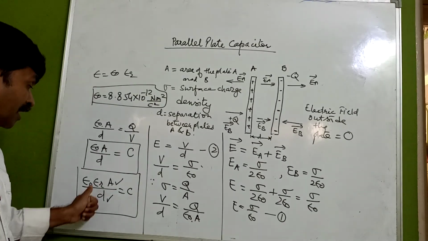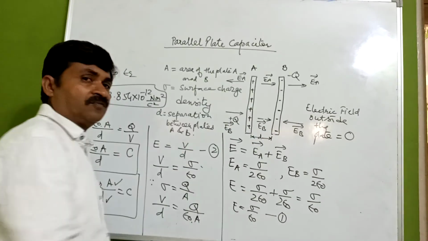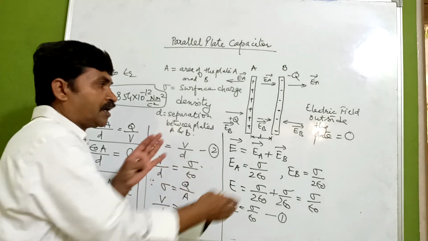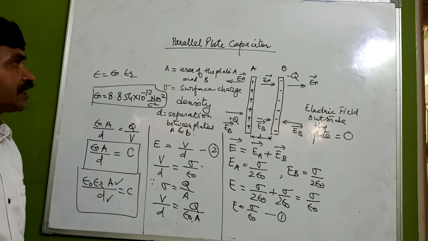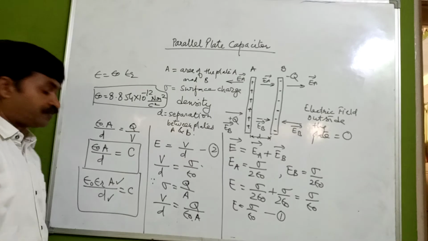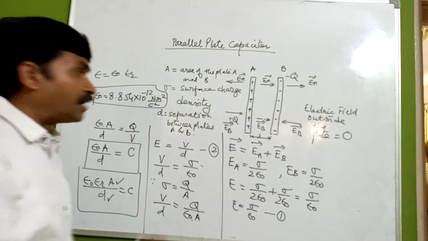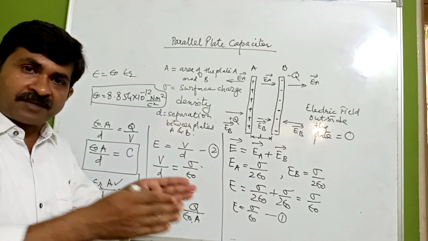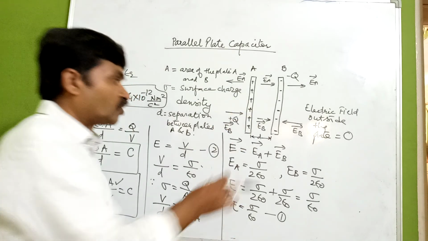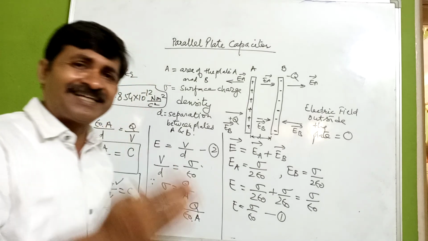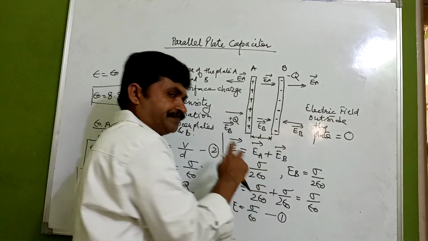Epsilon R is the relative permittivity, depending upon the medium you keep, and the capacitance changes accordingly. So this way we have a relationship for capacitance in terms of dimensions: area, separation between plates, and the medium kept. In other terms, we can also say the thickness of the medium.